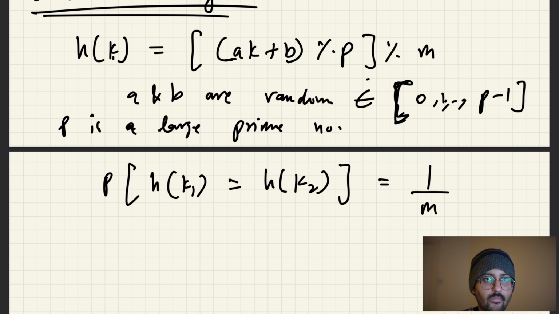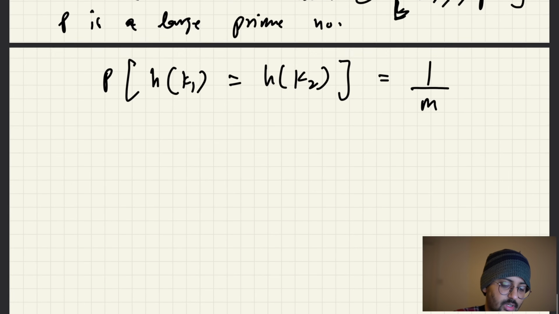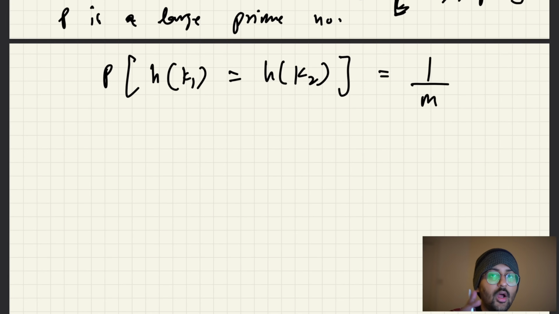We were talking about what if we insert multiple items and they have the same number. So the probability for that here is 1 divided by m.